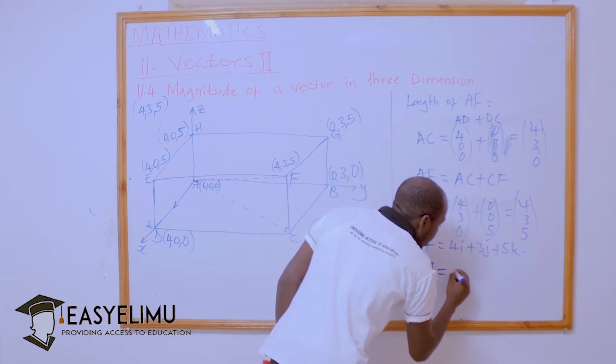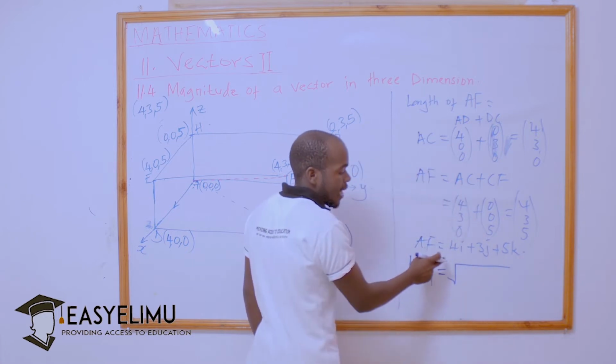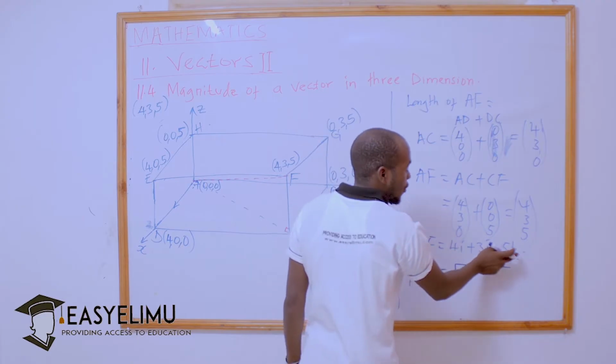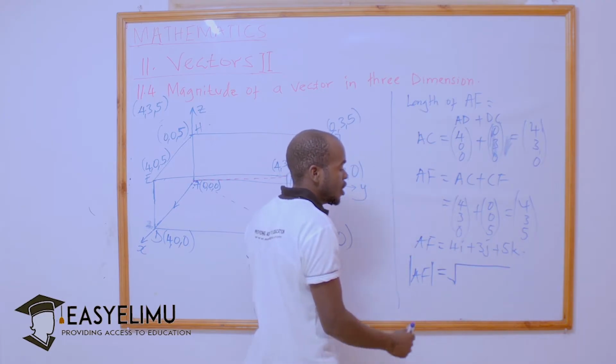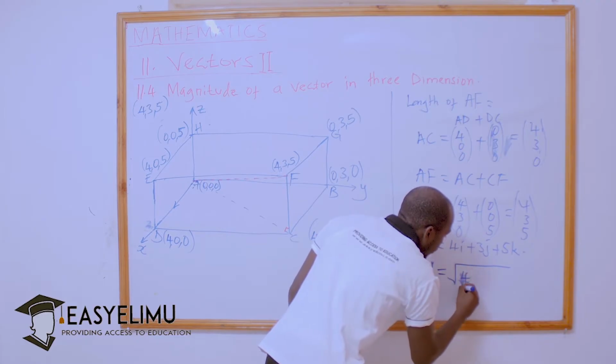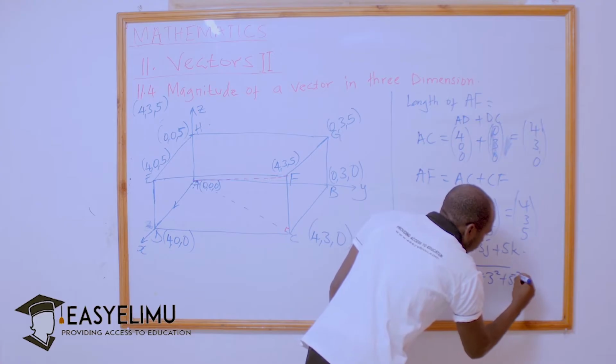So it will be equal to, now you will take the coefficient in the x direction squared plus the y direction squared, and then the coefficient of the z direction squared. So it will be 4 squared plus 3 squared plus 5 squared.